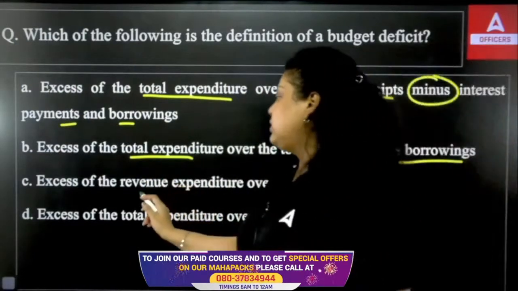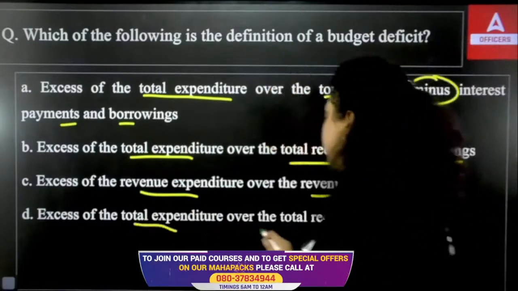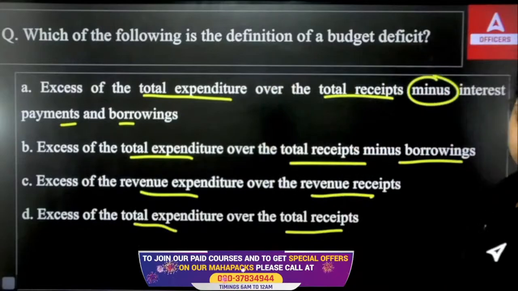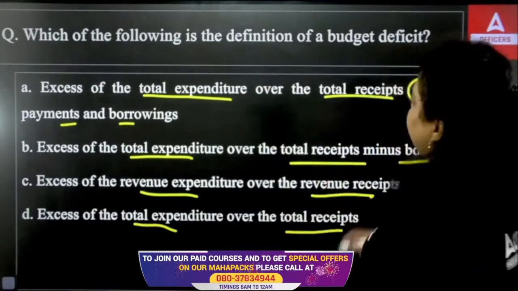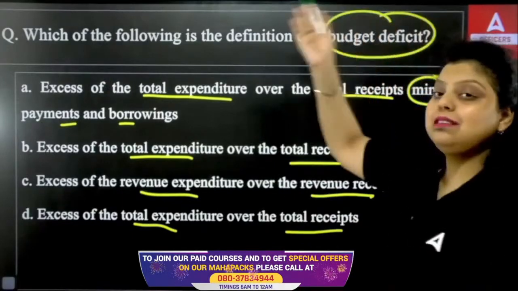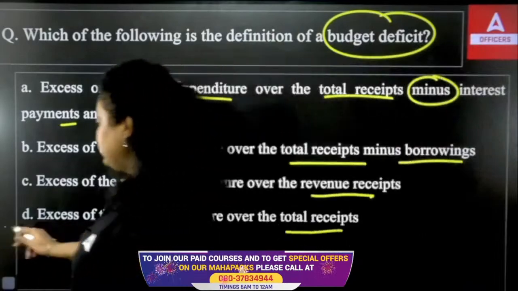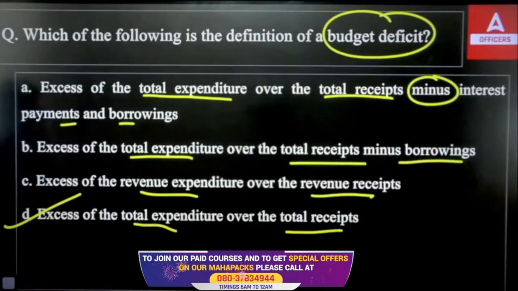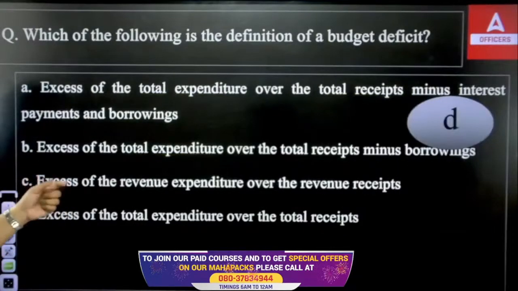Third, excess of revenue expenditure over revenue receipts. Fourth, excess of total expenditure over total receipts. Budget deficit means the overall budget of the government went into loss, meaning total expenditure is more than total income. So the right answer is option D, the excess of total expenditure over total receipts.